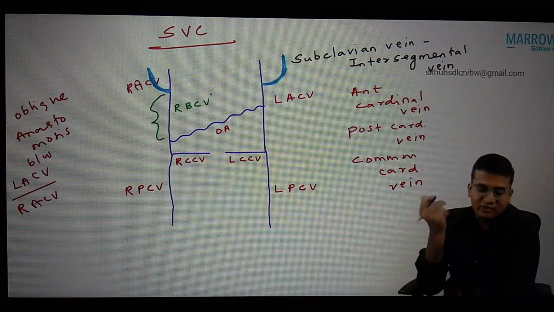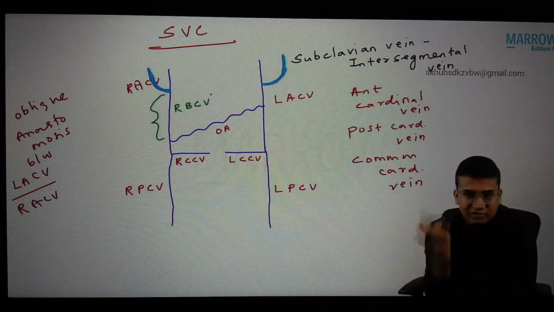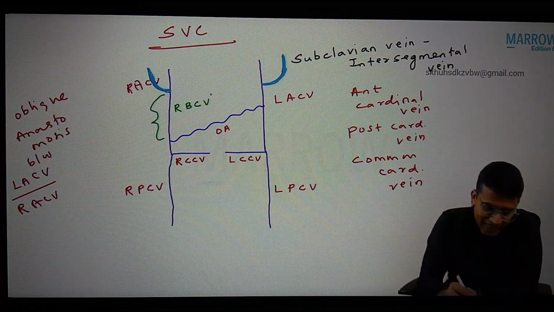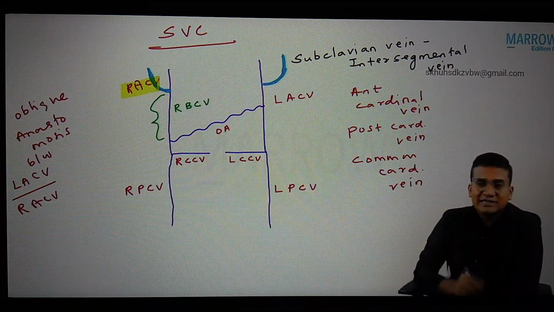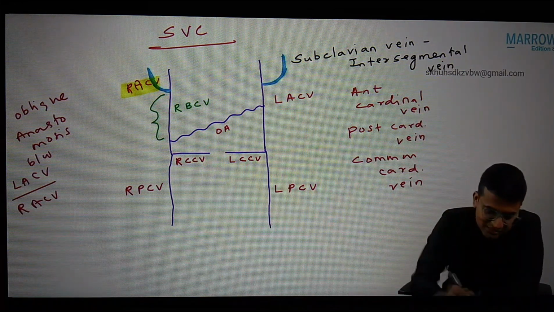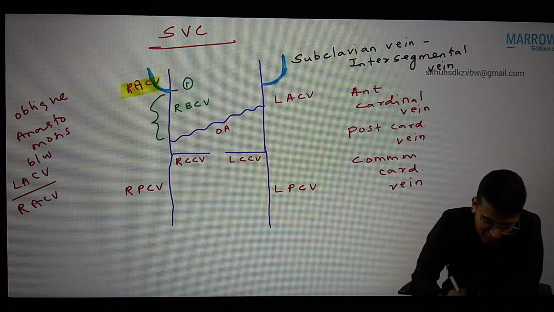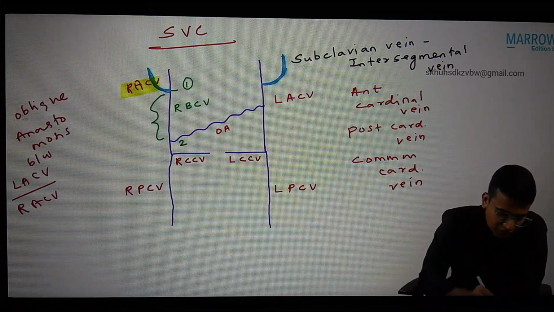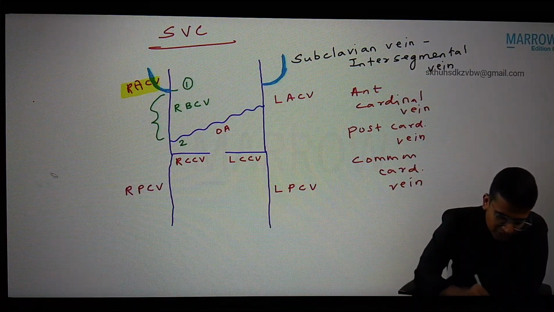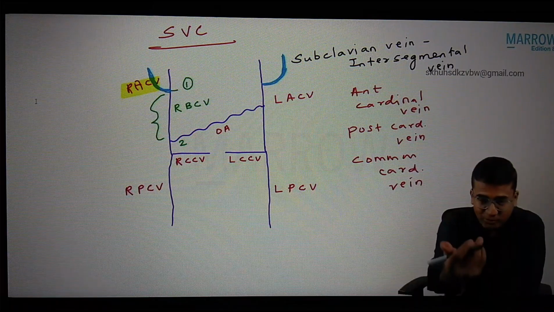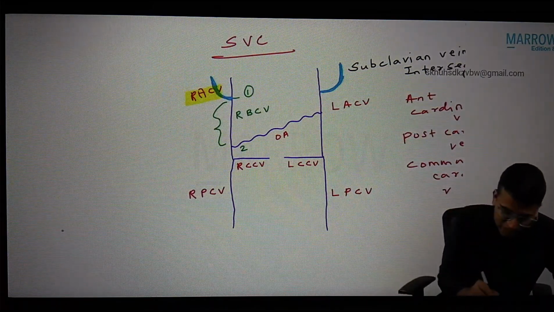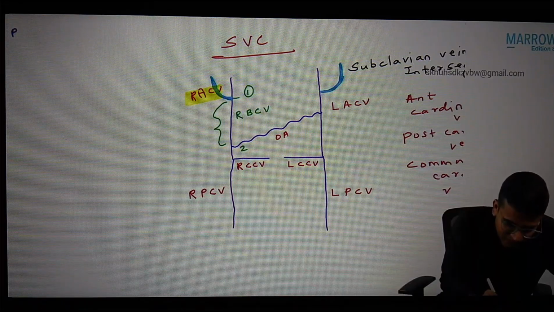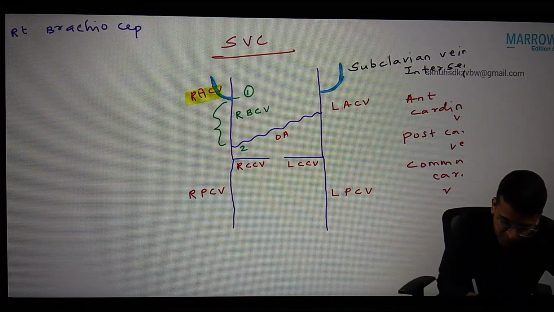Now, right brachiocephalic vein is derived from which vein? Right anterior cardinal vein, that is present between this is number 1, this is number 2. So, what is number 1 and 2? Number 1, subclavian vein opening. Number 2, oblique anastomosis. Okay, so first we're going to write right brachiocephalic vein formation.